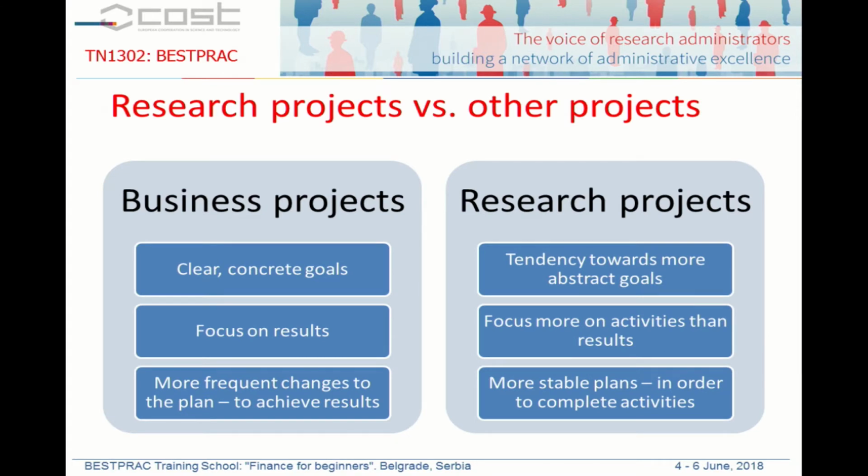Now, a few words about what makes research projects different from other projects. Could be like developing software for a software company. A lot of the project management literature is linked to that kind of business, to the software companies that produce new software.